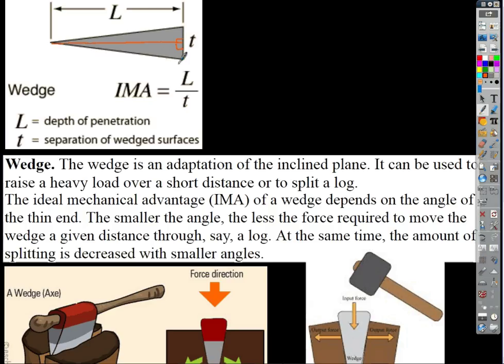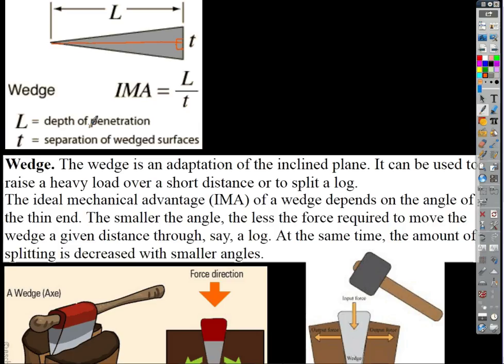Now, the length of the wedge, this is actually the depth of penetration. I got you. That makes sense. All right, so as this thing goes into the wood, it's going to spread the wood apart, it's going to split the wood apart. So what's the input distance then?